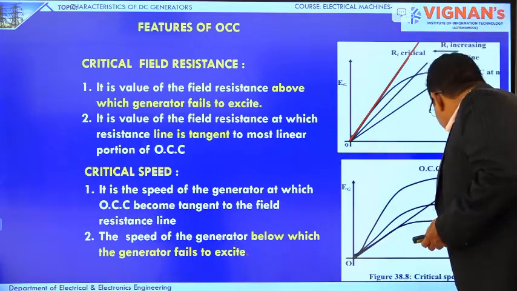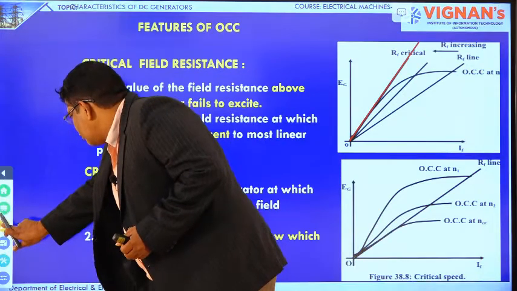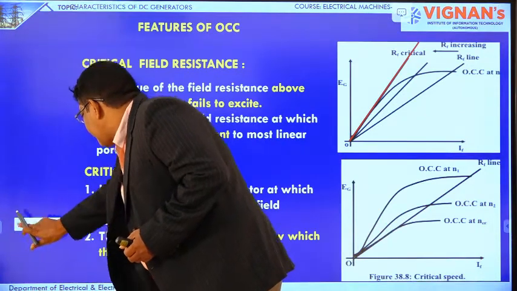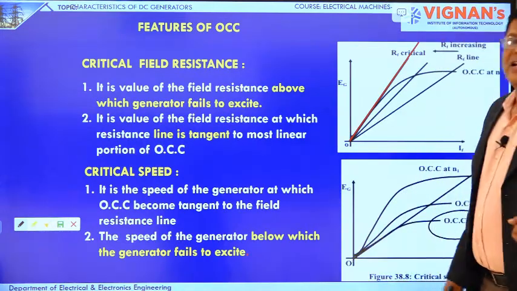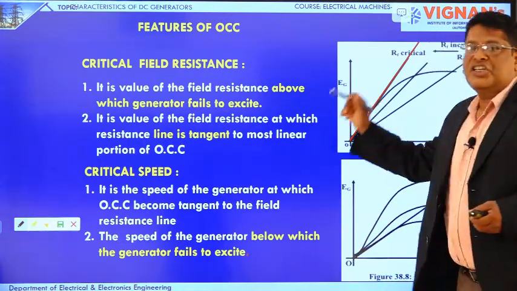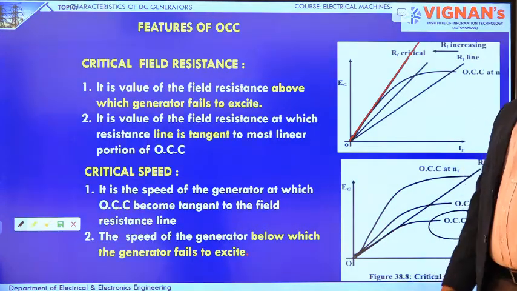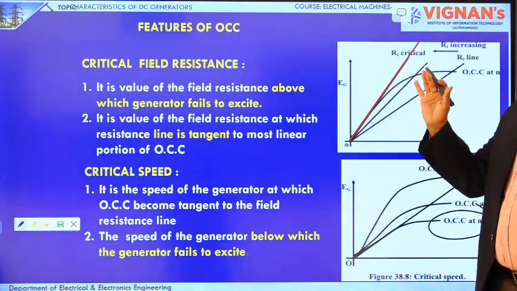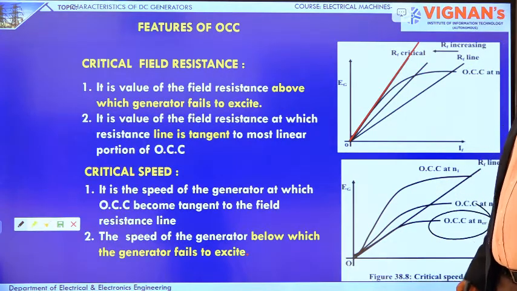See here, the third graph is representing the critical speed for this generator. If further decreasing the speed of a generator, it does not build up the voltage with this value of field resistance.